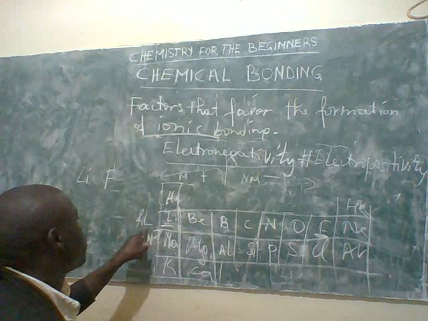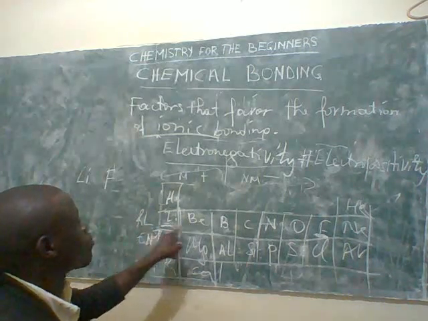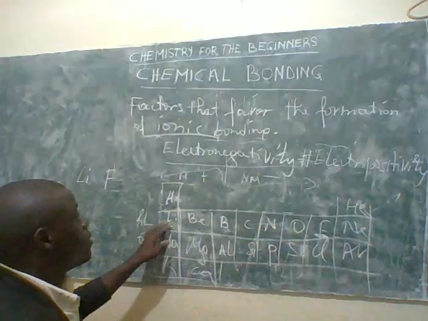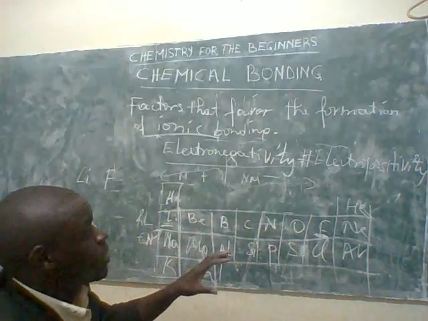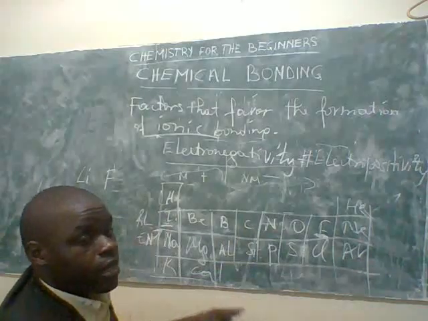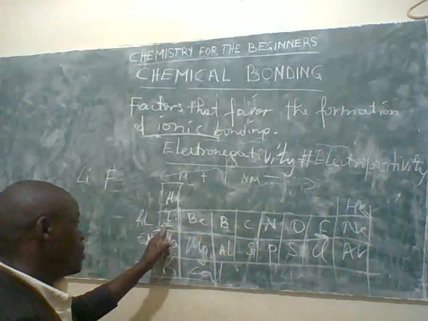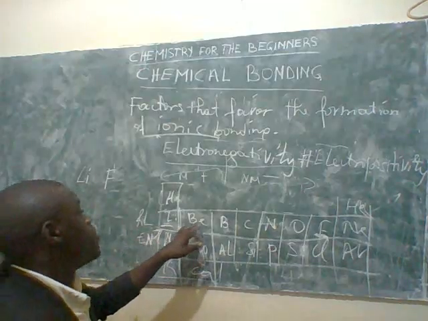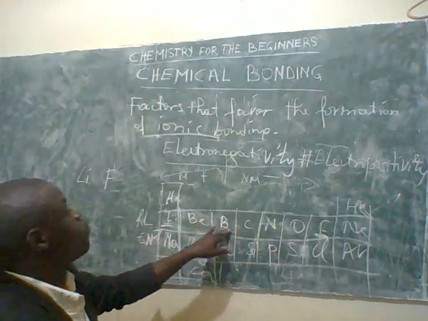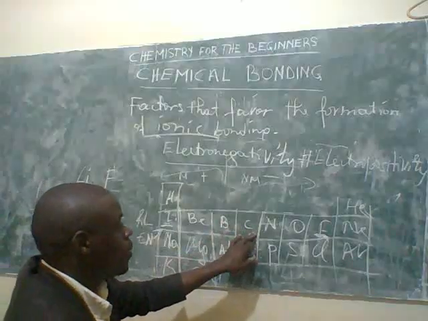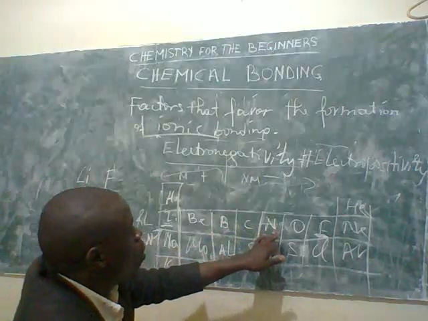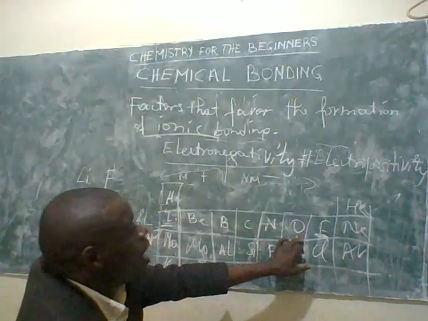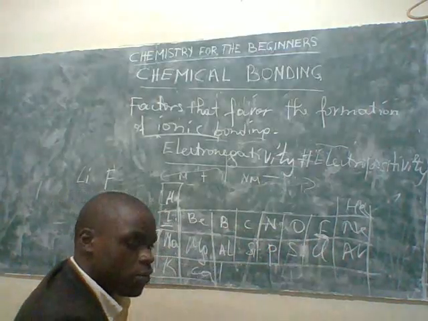Lithium has less electronegativity compared to beryllium, and more to boron, more to carbon, more to nitrogen, much more to oxygen, and very much more to fluoride.